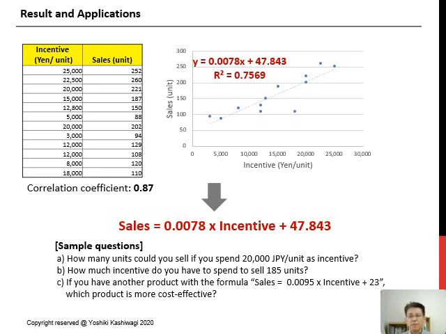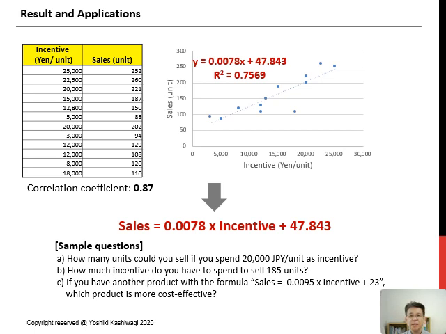Okay, let's go back to the example. In this case, R-squared is 0.75. That means 75%, or let's say 76%. What does it mean? You can take R-squared as a percentage of how much incentive explains the sales result.